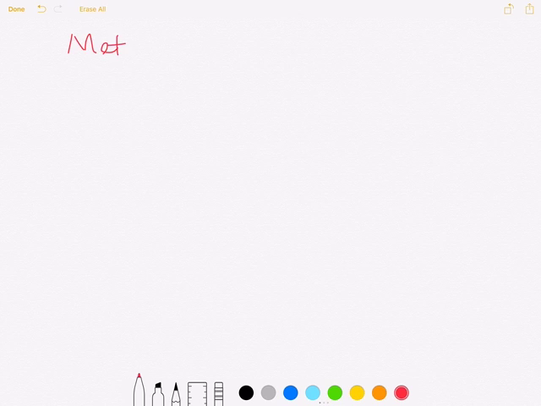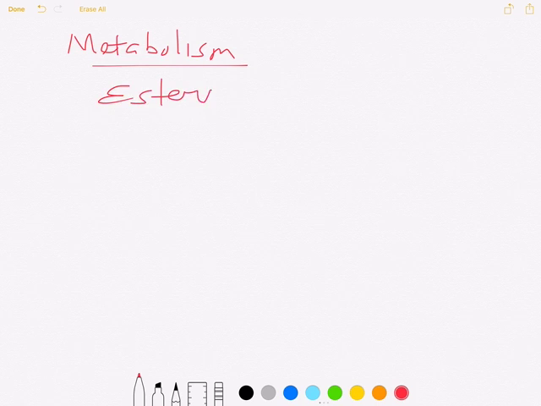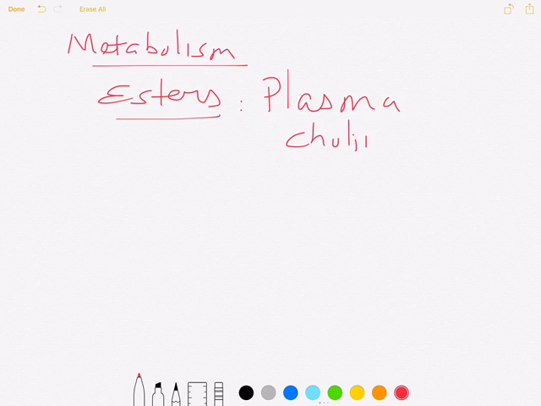Very important. How are these drugs metabolized? So esters are hydrolyzed because they have an ester link that can be easily hydrolyzed by enzymes called plasma cholinesterases.